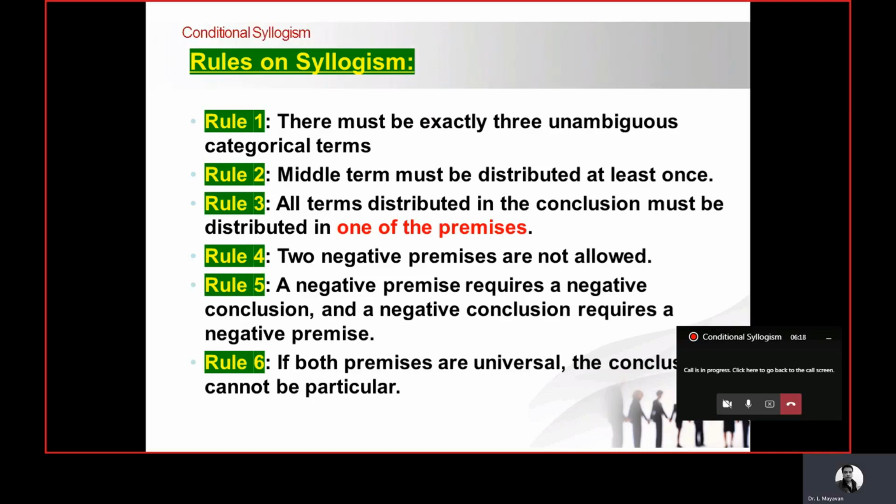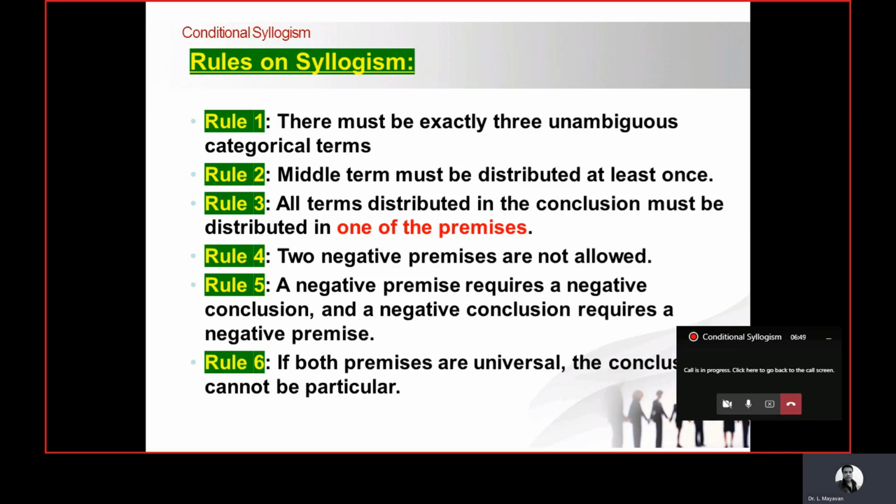There are certain rules to be followed in working out syllogistic questions. Rules on syllogism. Rule number 1, there must be exactly 3 unambiguous categorical terms. Rule number 2, the middle term must be distributed at least once. Rule number 3, all terms distributed in the conclusion must be distributed in one of the premises.